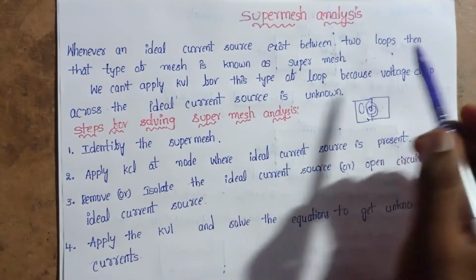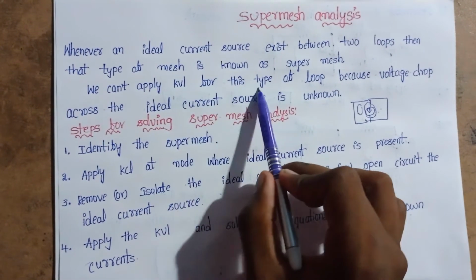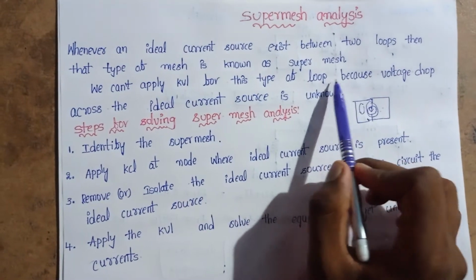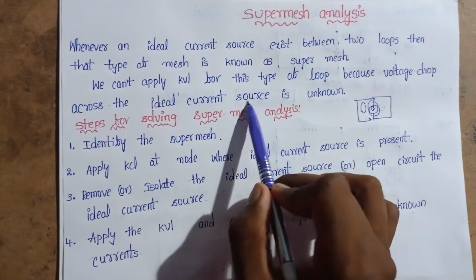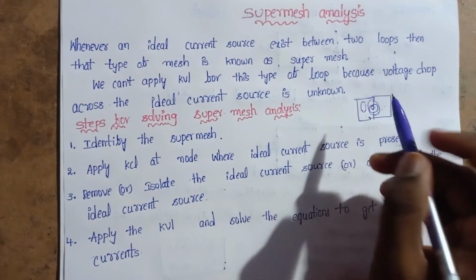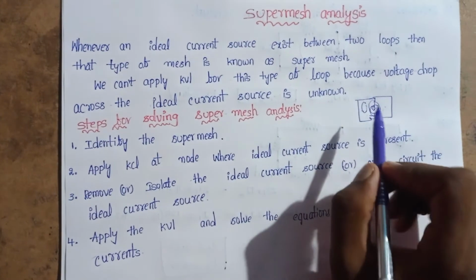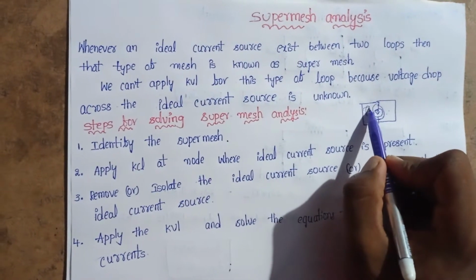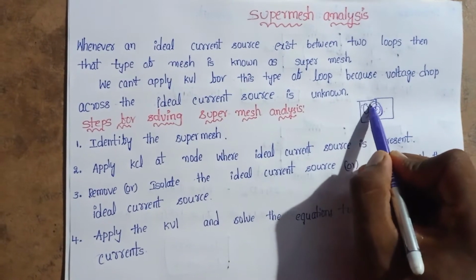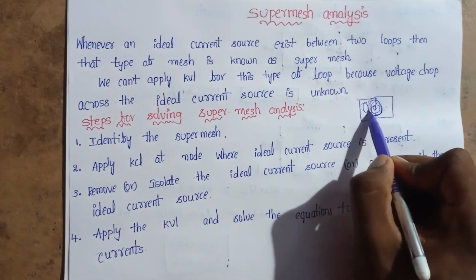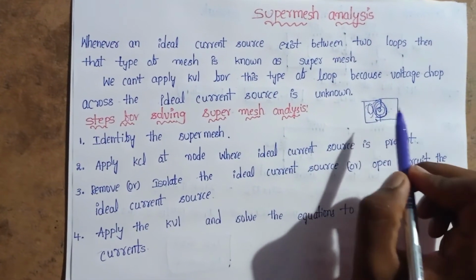We can't apply KVL for this type of loop because the voltage drop across the ideal current source is unknown. That's why we can't apply KVL for these loops.